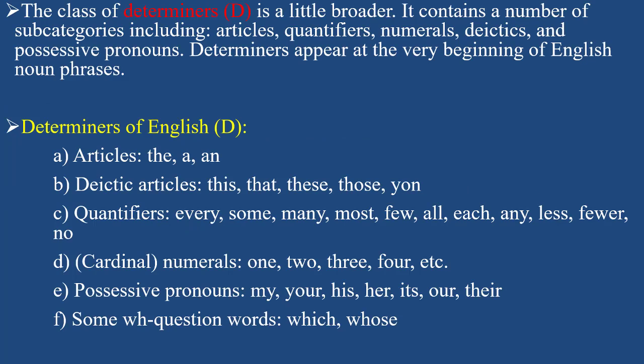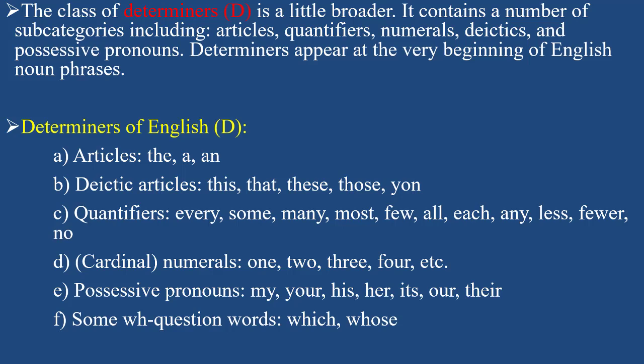It contains a number of subcategories, including articles, quantifiers, numerals, adjectives, and possessive pronouns. Determiners appear at the very beginning of English noun phrases. You will find this in the later lessons in syntax.